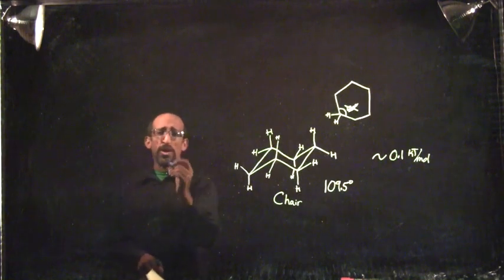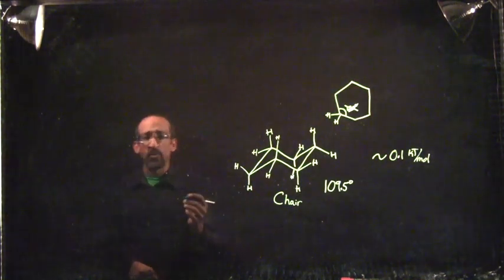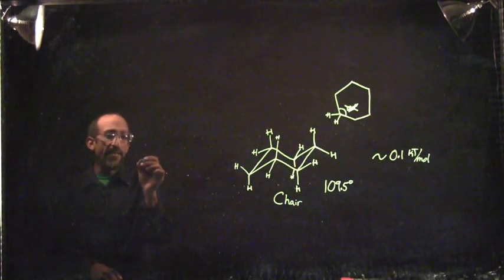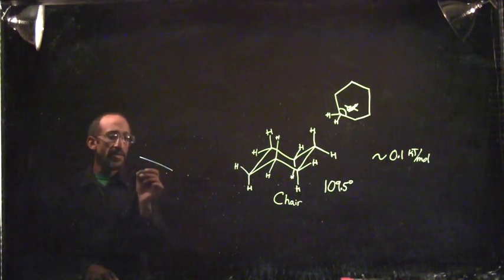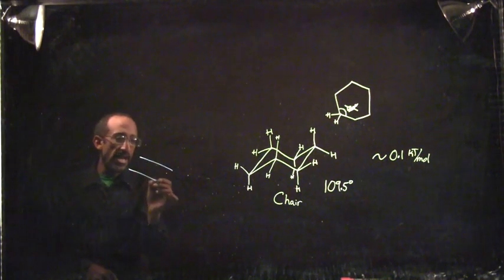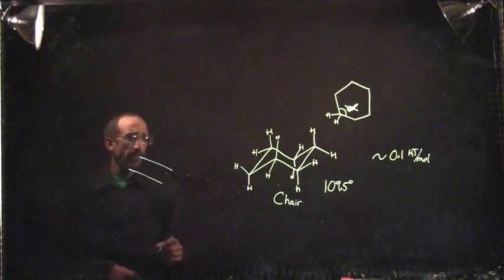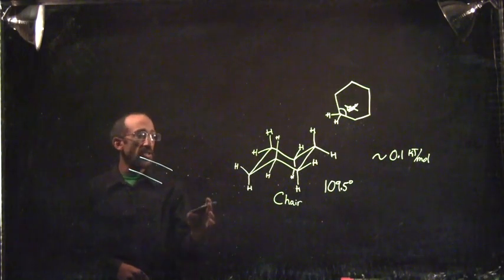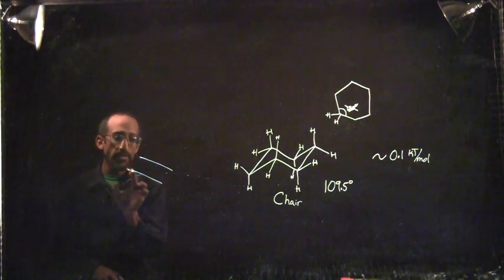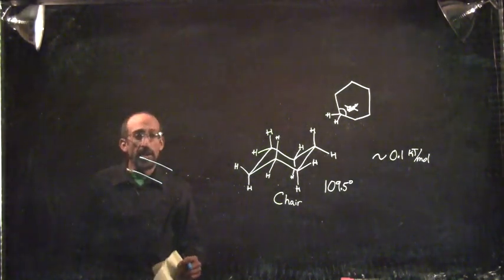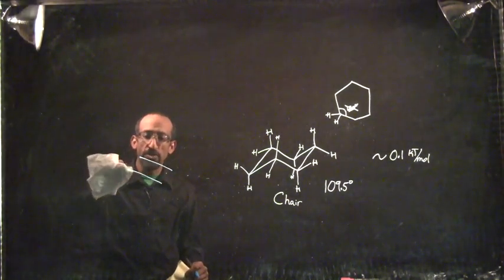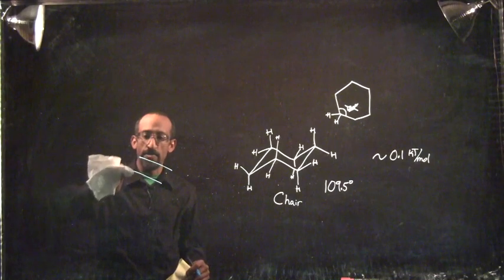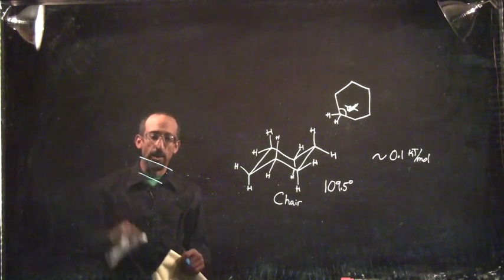When drawing a chair conformer, we want to start off by having two lines that are parallel but offset from each other. These two lines are going to determine for us which direction our remaining two carbons are going to be.